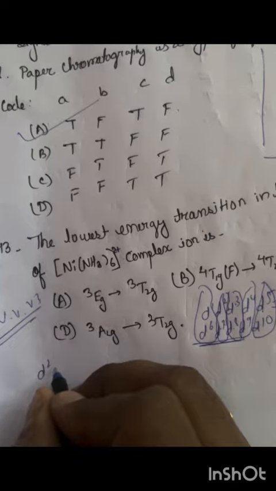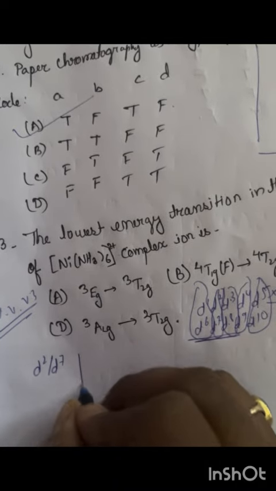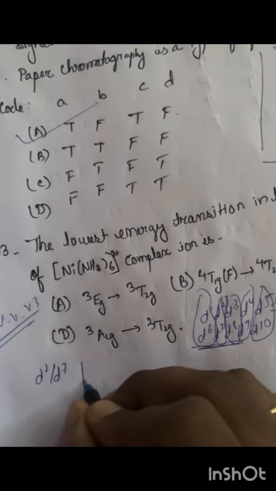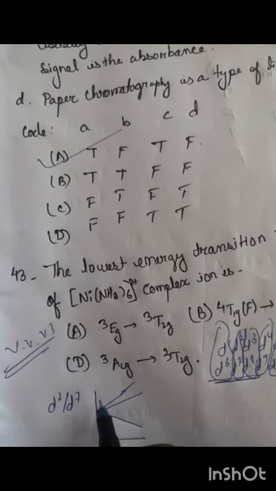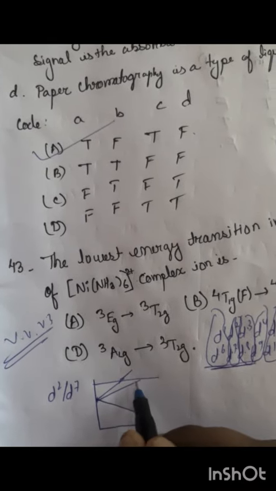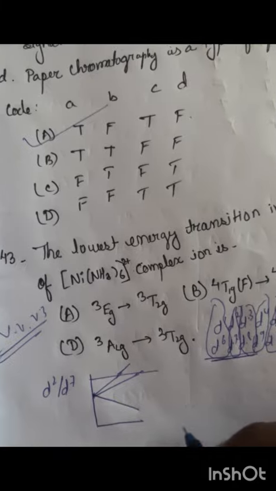So you remember for d2 or d7, the diagram will be like this. Two transitions like this, one downward and one upward. Now as we know, what are the transitions for F? A2g, T1g and T2g, right?